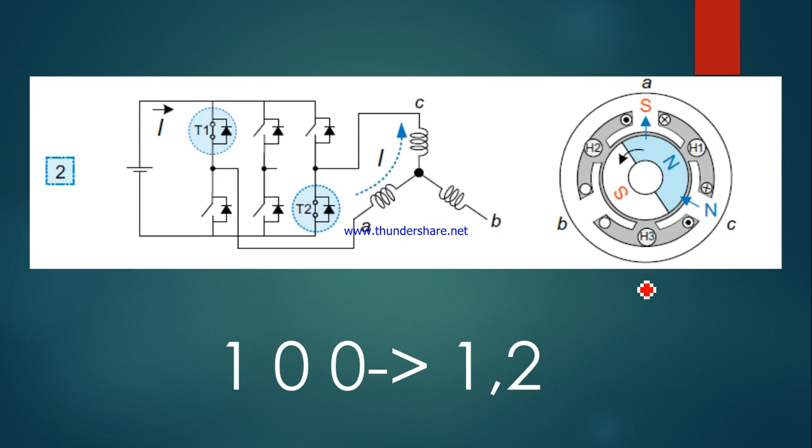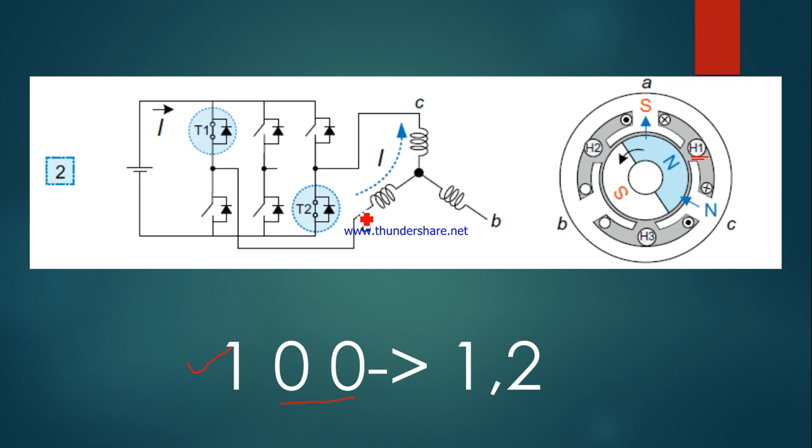Now I am going to another sequence. So now my rotor position is like this, which is nearer to H1. So I will get only H1 as 1 and H2 and H3 as 0. That time I will switch 1 and 2.